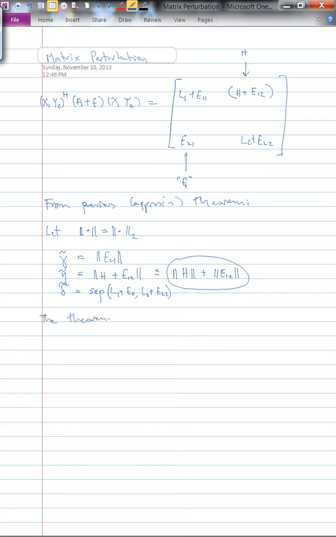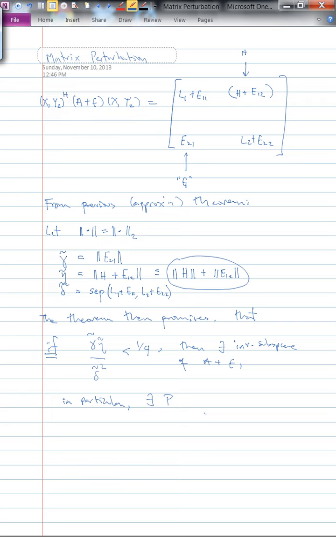The theorem then promises that if, and this is the condition that we need to know that there exists an invariant subspace, if gamma tilde eta tilde over delta tilde squared is less than 1/4, then there exists an invariant subspace of A plus E. And in particular, there exists that matrix P, which, if you recall, was used to actually construct that invariant subspace.